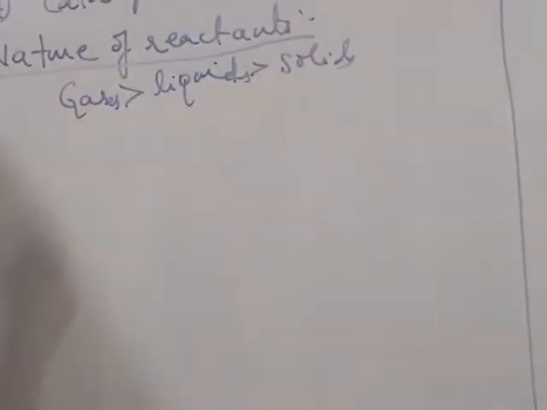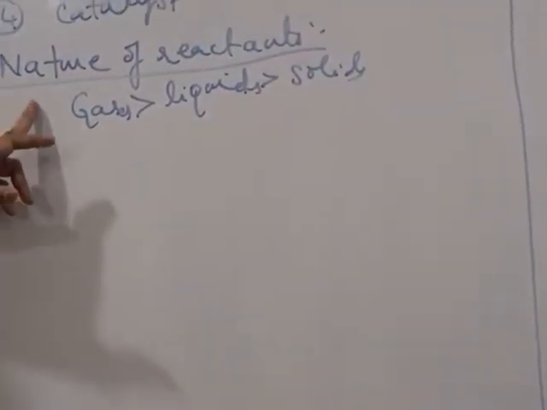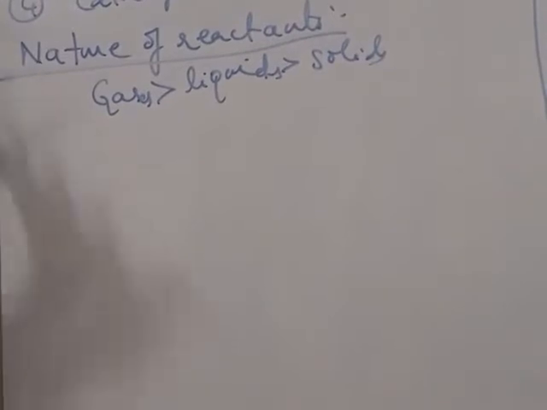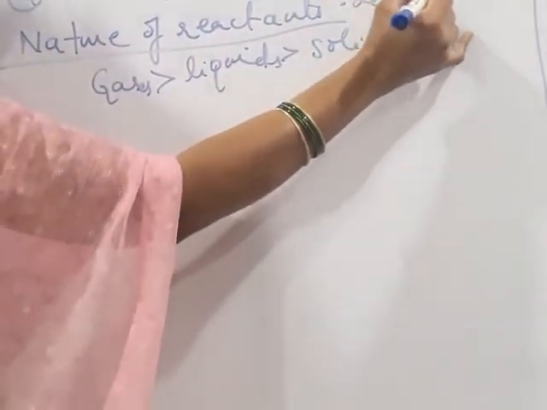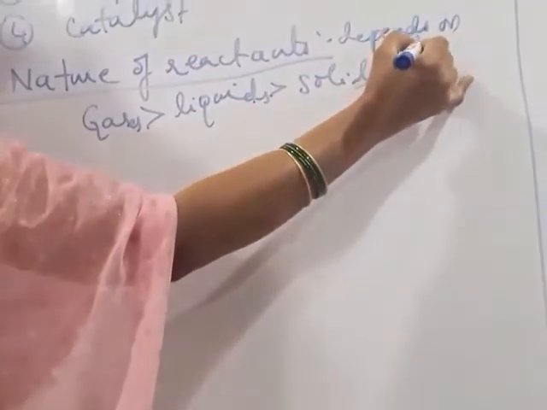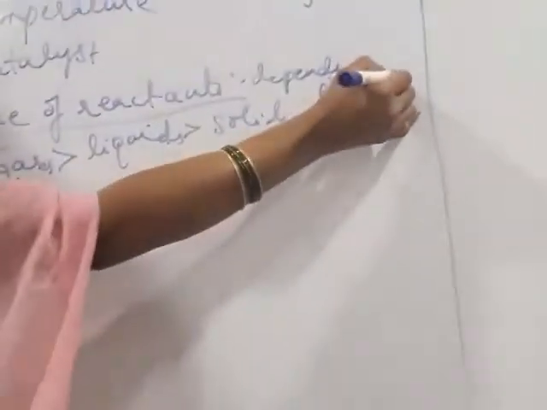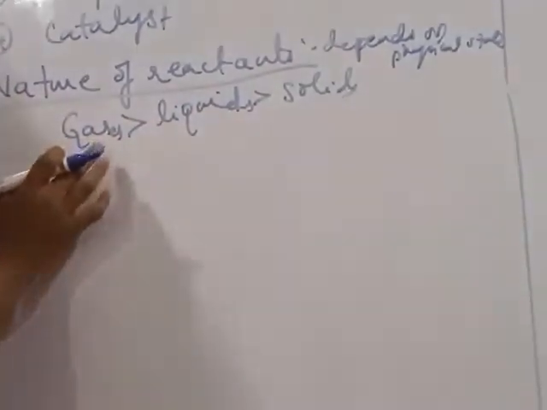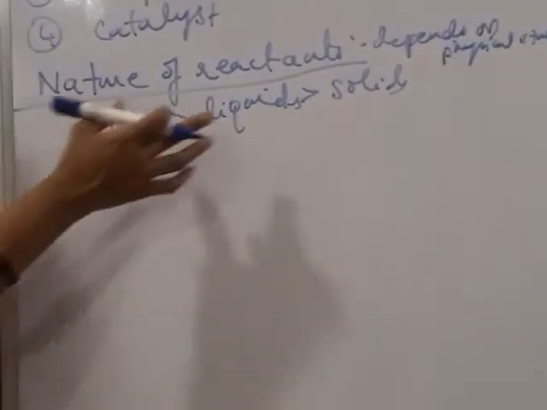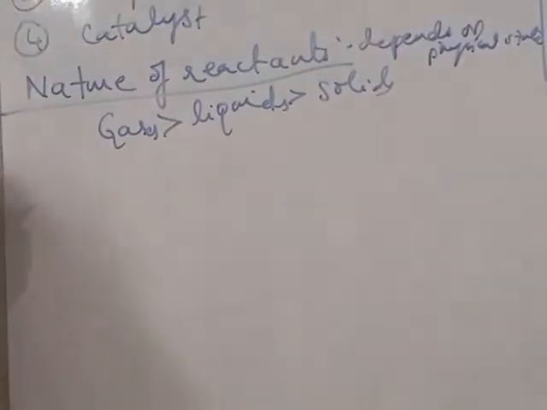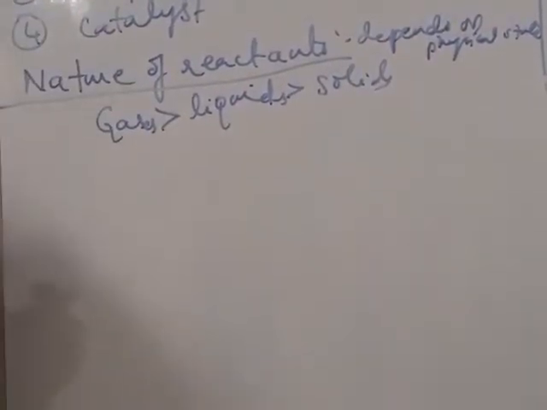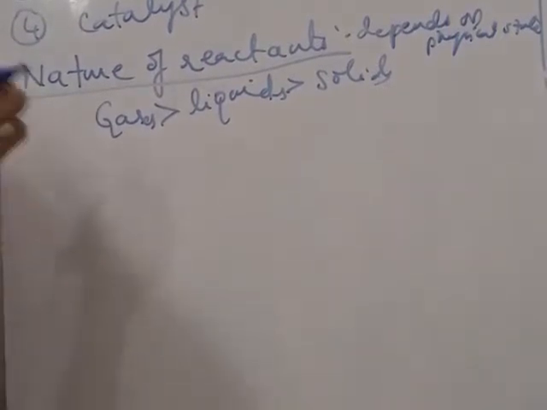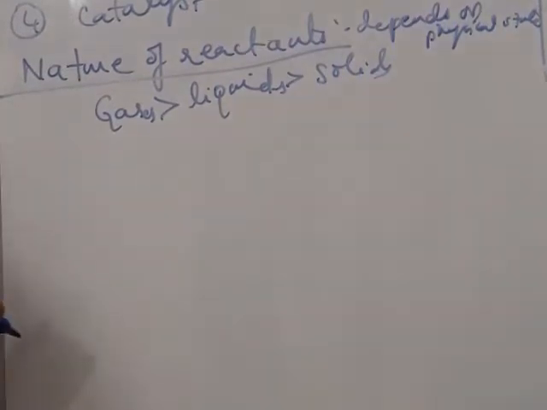Gases show more rate of reaction than liquids than solids. And also it depends upon the size of the reactants. Okay. Smaller the size of the reactants, greater is the rate of reaction.